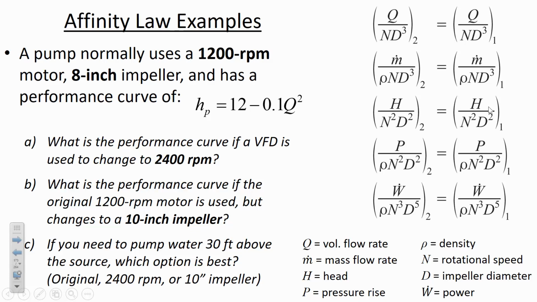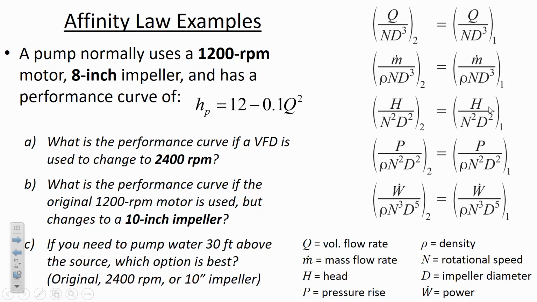So that's 1200 squared H2 divided by 2400 squared. Okay, I'm going to erase this stuff down below. Hopefully you've got that already. So what that simplifies to is that H1 is 0.25 H2.